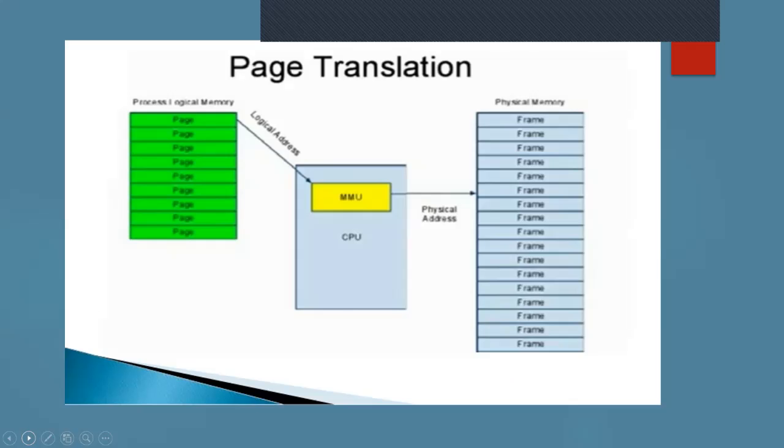Now this is the diagram of page translation.